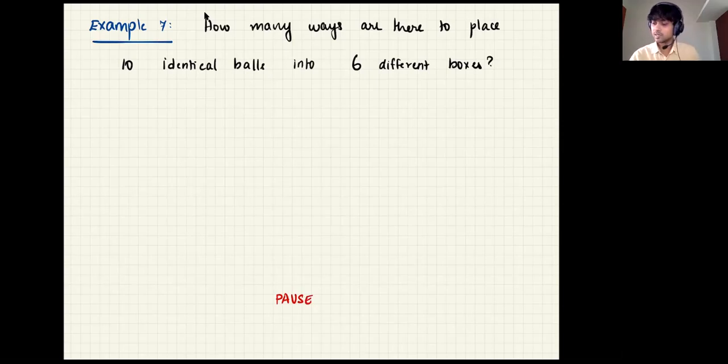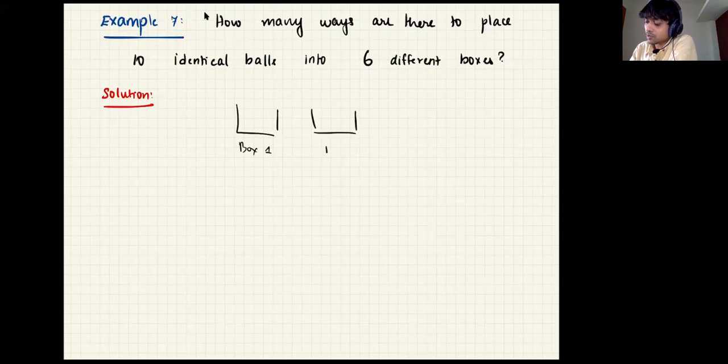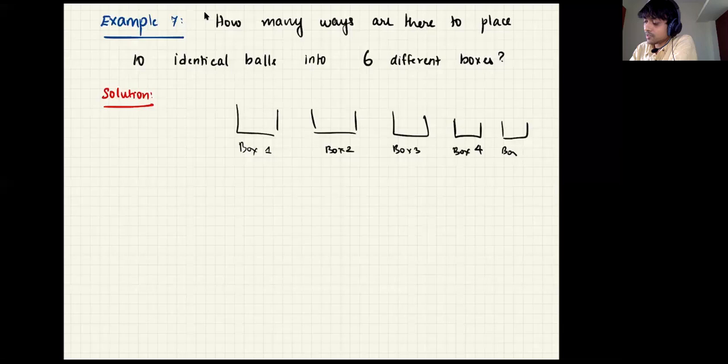Okay. So let's see the answer. I have 10 identical balls, and I want to place them in 6 different boxes. So how do I go about this? I have box 1, box 2, box 5, and box 6.